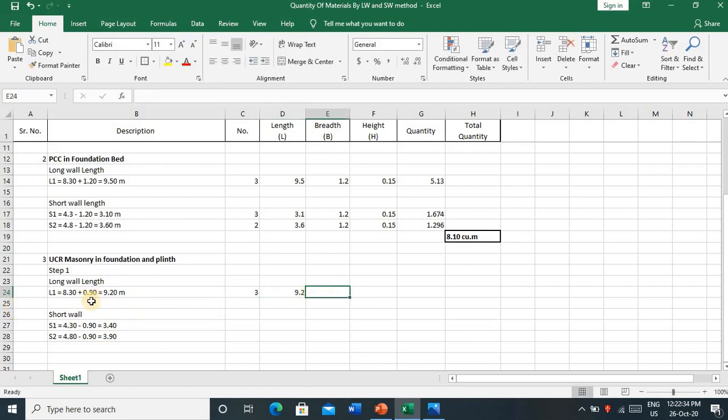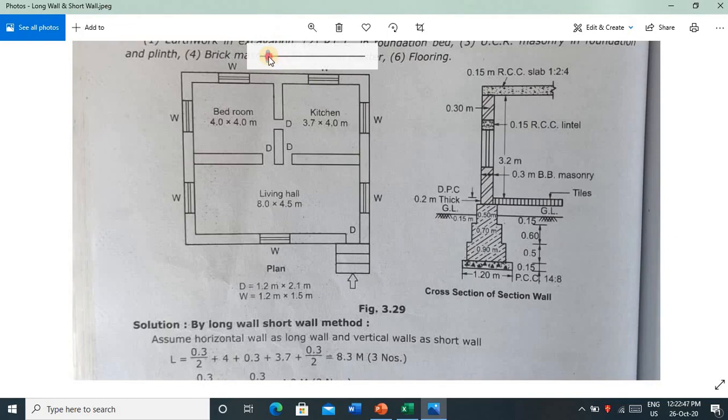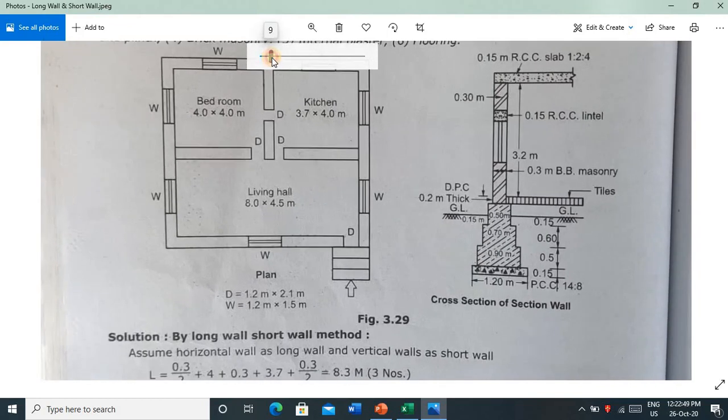Breadth is already taken here, 0.90. Height will be, from the plan, from the drawing you will get the height. In the section, the height for the first step is given as 0.5 meter.